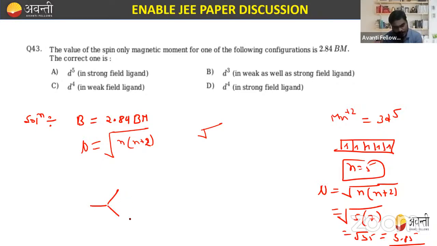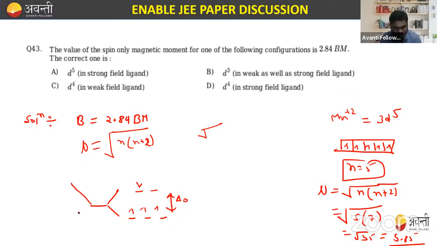In case of octahedral, this will be called t2g and this will be called eg. When the energy gap is less, when the ligand is weak, how will you write d4? We can write d4 as 1, 2, 3 and 4. This is one criterion. In this, there are 4 unpaired electrons. This is not possible, because we know the magnetic moment comes out to be 2.84 only. So this is not the correct one.